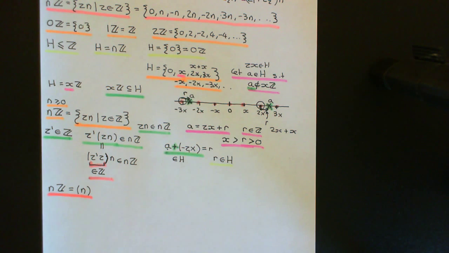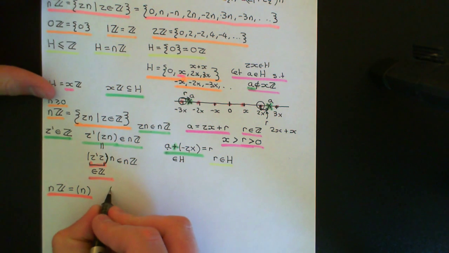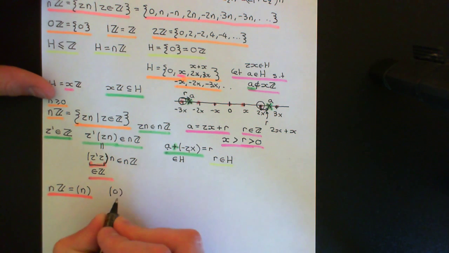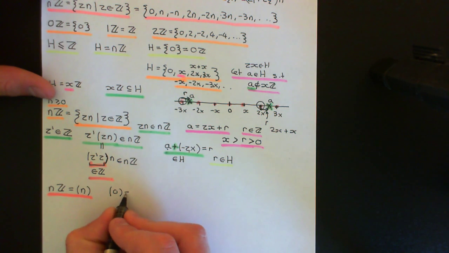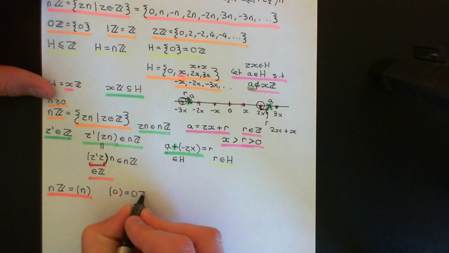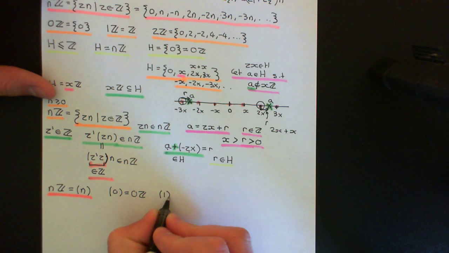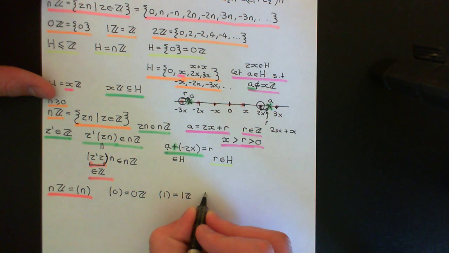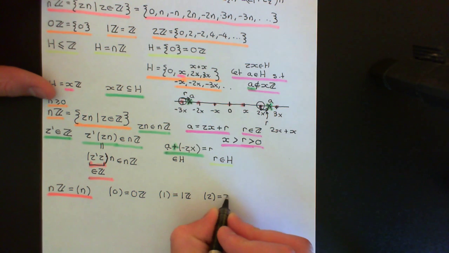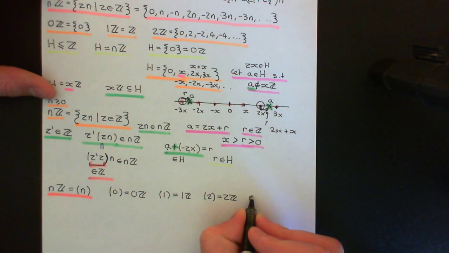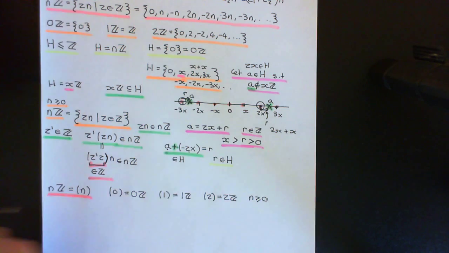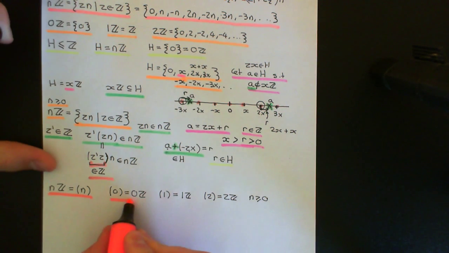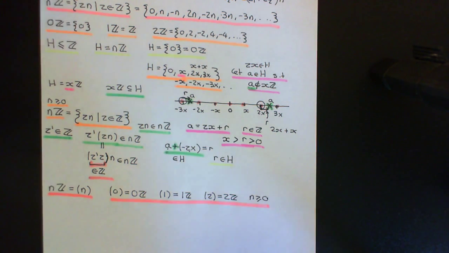They're of the form all of the elements of the ring multiplied by a set element n of the ring. As I've discussed, we have seen the principal ideal generated by 0, that was called 0Z before. We've seen the principal ideal generated by 1, that was called 1Z, and the principal ideal generated by 2, that was 2Z, and you can continue on for n greater than or equal to 0. These are all principal ideals.